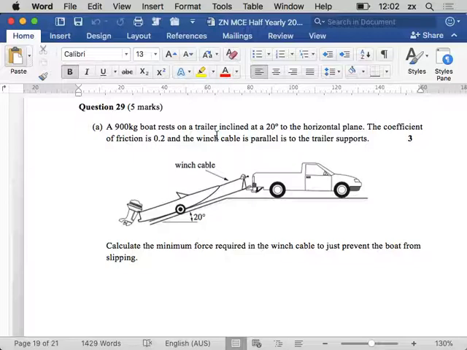So in our case here, I'm going to write T equals mg sine theta minus mu mg cos theta, because friction is doing some of the work.